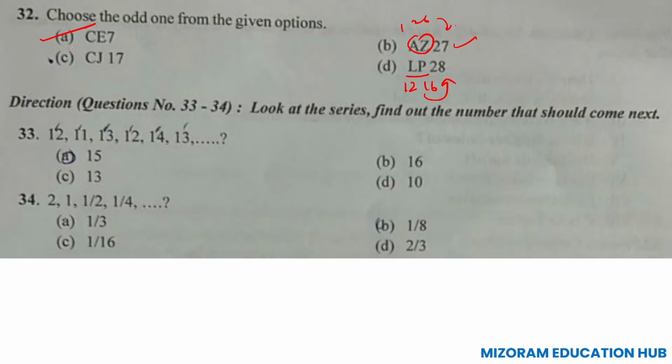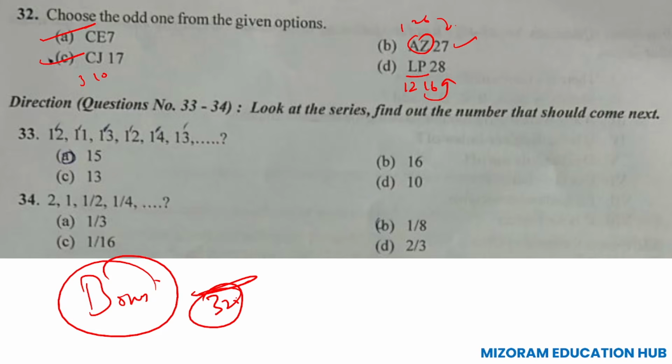This is a bonus question, because option A is the answer. The logic is that ALZ is 27 and LAP is 28, C and E. Oh, there is logic.